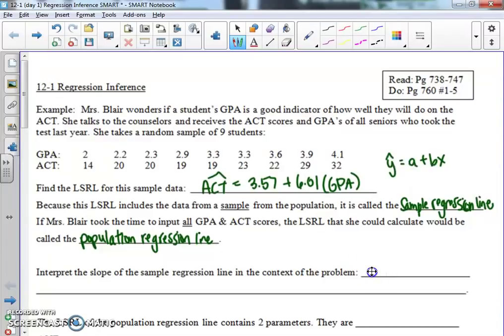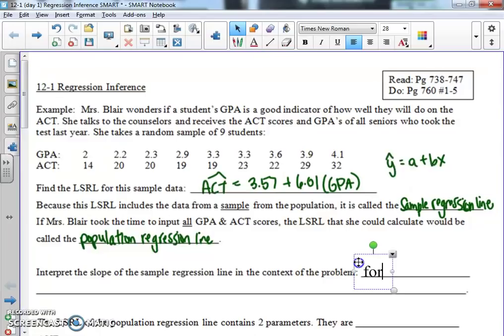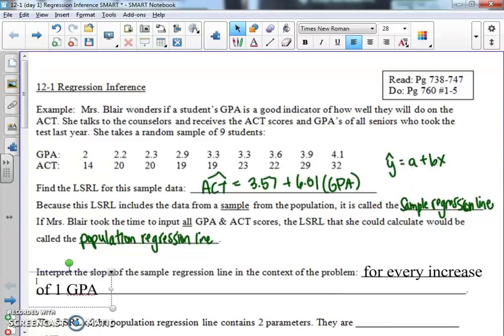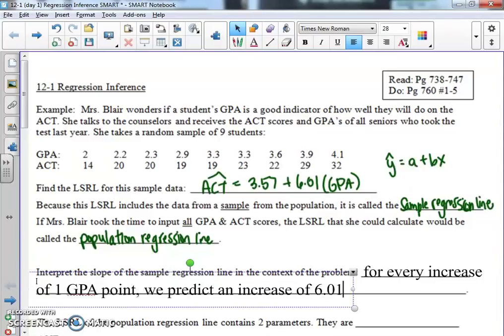So here's how I would say it in the context of this problem. In fact, I'll try and type it in. For every increase of 1 GPA point, we predict an increase of 6.01 ACT points.